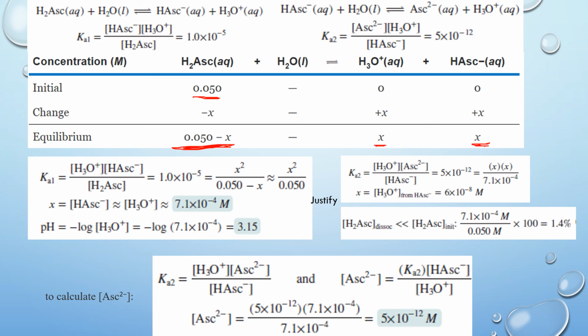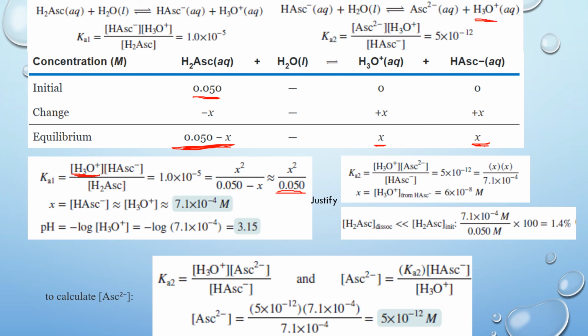And based on my second assumption, because this x is small, because the K value is small, we change the denominator from 0.05 minus x into 0.05 by itself. And for the concentration of the proton, we set it equal to x by ignoring the amount of proton generated from the second reaction.